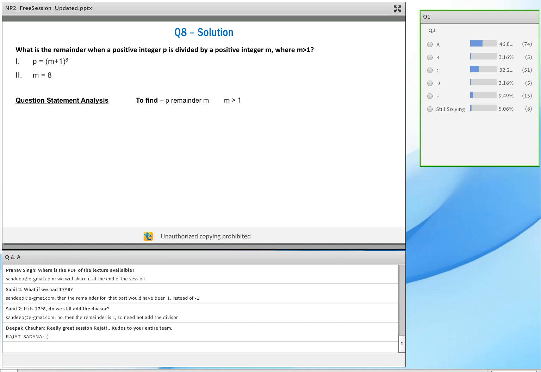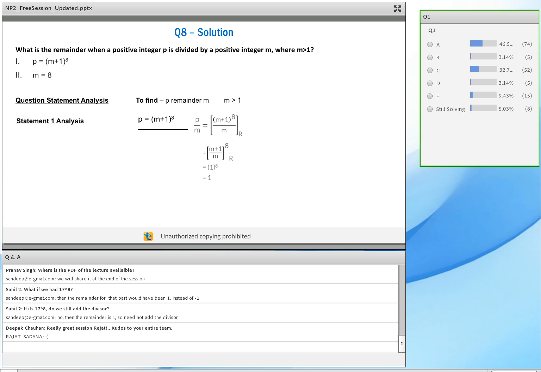There's not a whole lot that's given to us, but essentially at this point you should really say we have to express p in terms of m times k plus r. That's something that we want to really do. Now, what does statement 1 say? Statement 1 says that p is equal to (m plus 1) to the power 8. So when we divide p by m, what do we get?